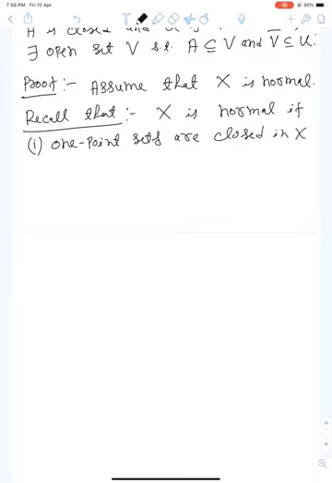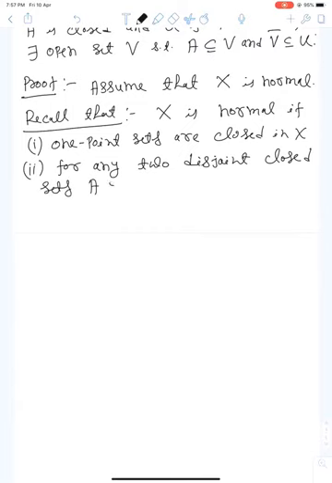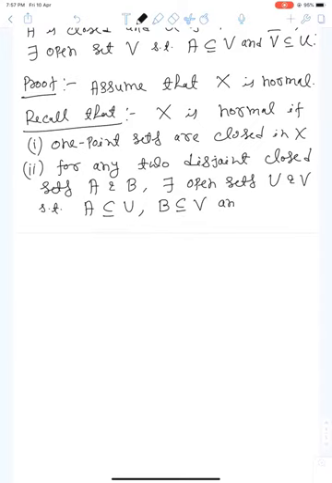It is already given. And the second one is that for any two disjoint closed sets A and B, that is A intersection B is empty, there exist open sets U and V such that A is a subset of U, B is a subset of V, and U intersection V is empty.